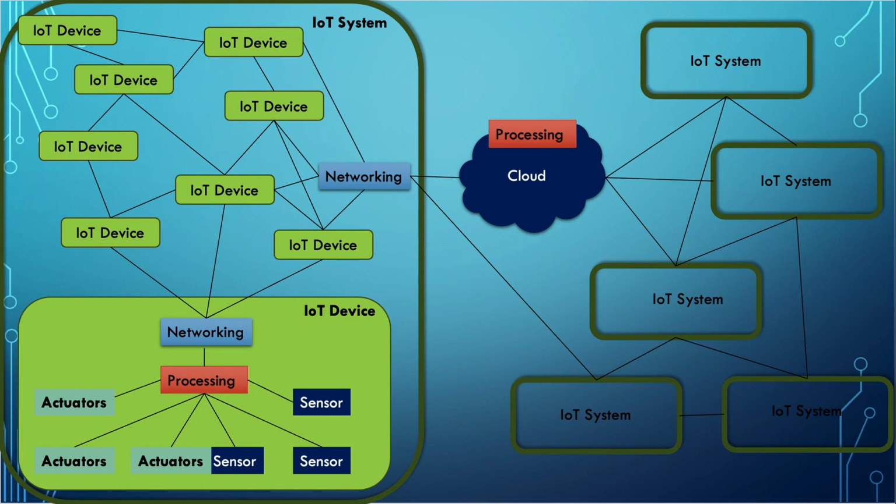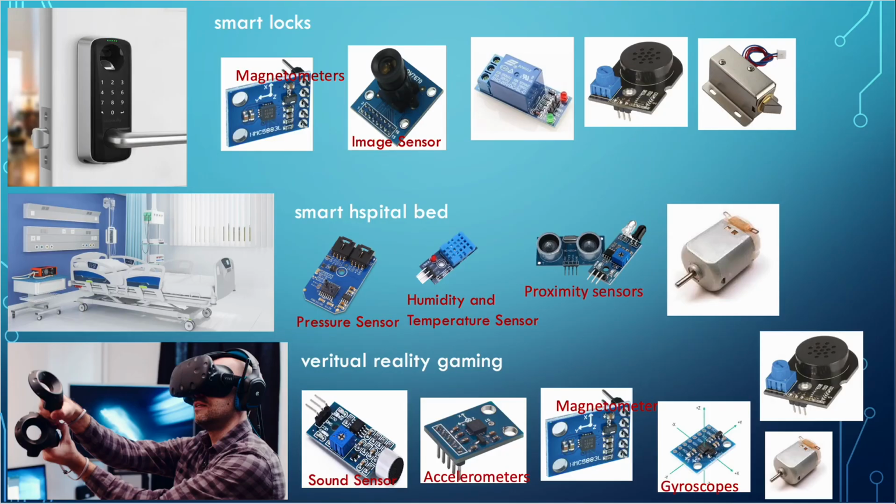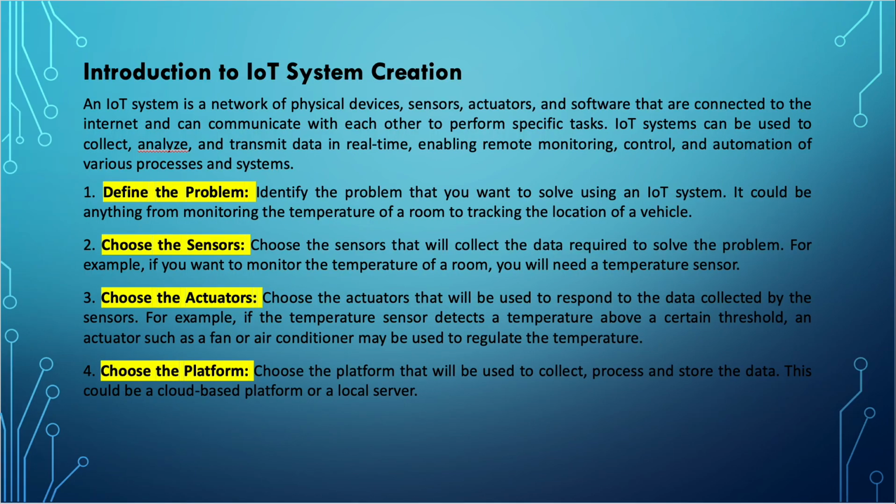I think we have reached close to 2 hours now. In the next lesson we will look at these other examples, and then we will look at IoT system creation.